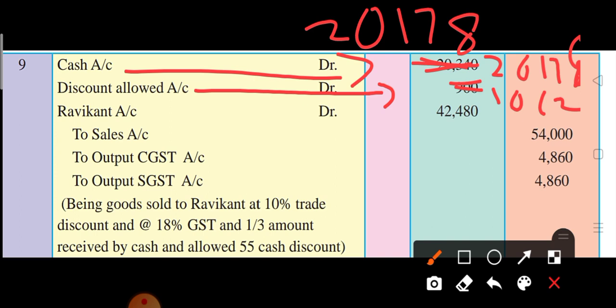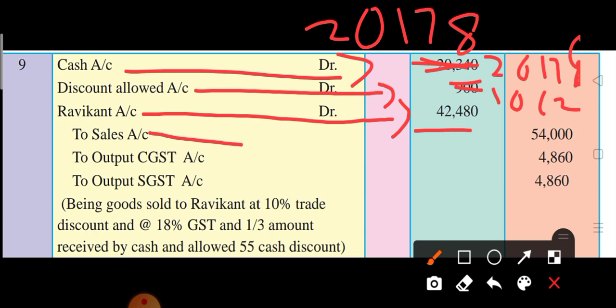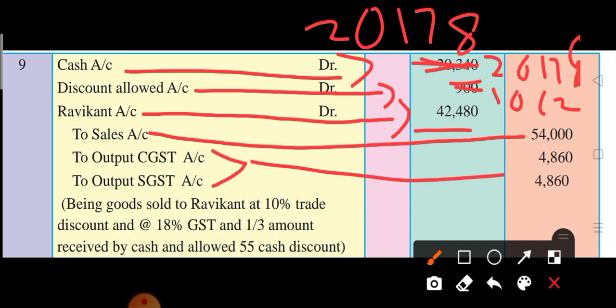Okay, next, I have sold goods to whom? To Ravikant. जिसमें से उसने मुझे कुछ कैश दिया है and the rest of the amount is receivable from Ravikant. So receivable कहाँ पर आता है? डेबिट साइड में आता है. So rest of the 42,480 amount is receivable amount. Okay, my total sales is how much? Trade discount less करने के बाद my sales figure is 54,000, जिसके ऊपर 18% GST चार्ज करके कितना आता है?